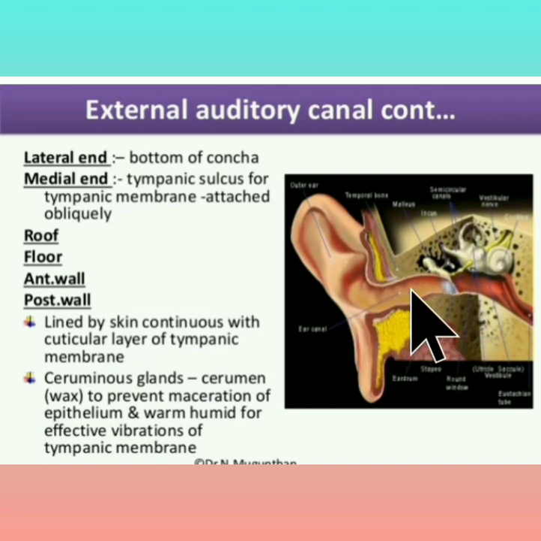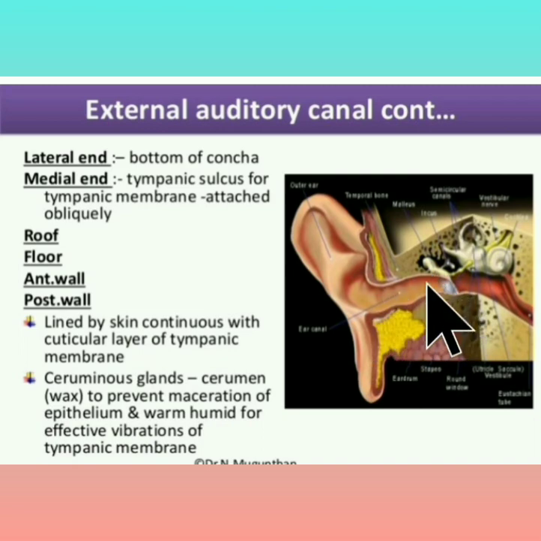The posterior wall is lined with skin. The tympanic membrane has an outer and inner surface, the lateral or medial surface. The lateral surface is directed towards the external ear and is covered with skin.